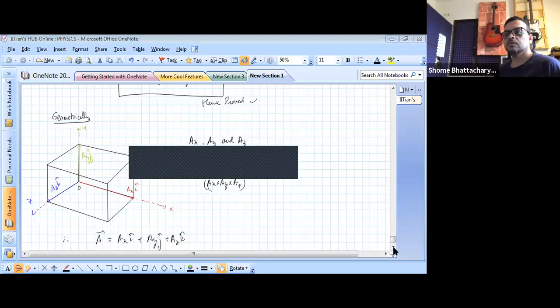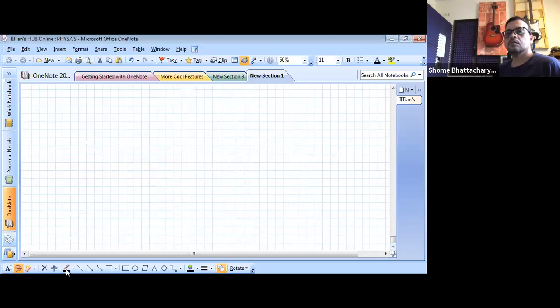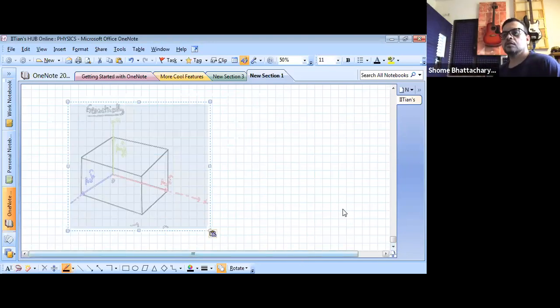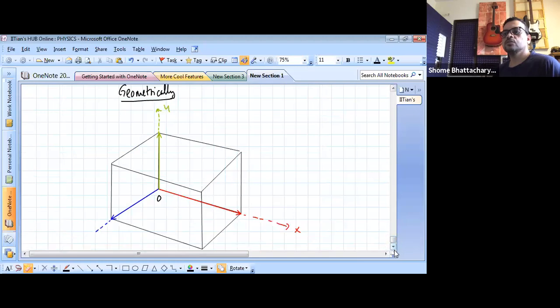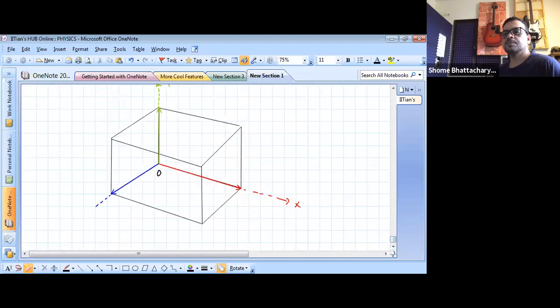Now within this, I want to do the operation of Ax i cap plus Ay j cap plus Az k cap. I want to do this operation to understand what the vector is.